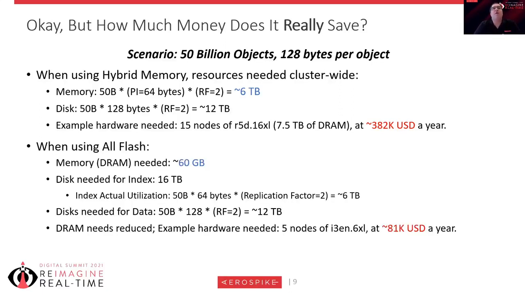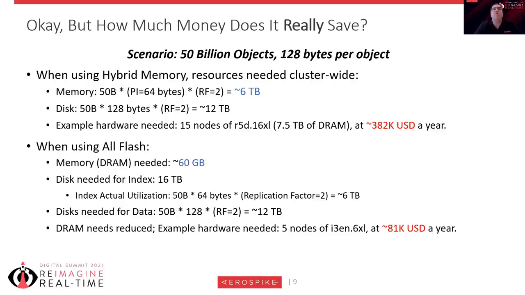If we use all flash in this configuration, then the memory we'll need for the entire cluster will be 60 gigabytes. The disk needed for the index will be significant, about 16 terabytes, and we'll understand why in a minute. But the actual utilization would only be 6 terabytes, like we saw in the hybrid memory architecture solution.